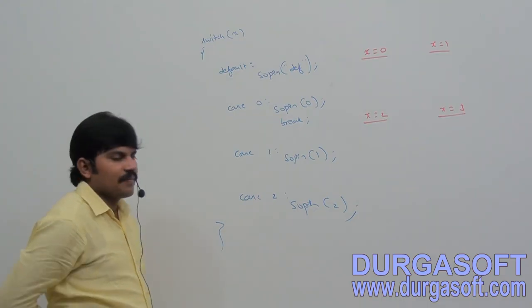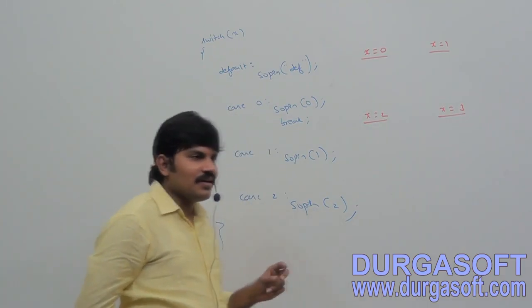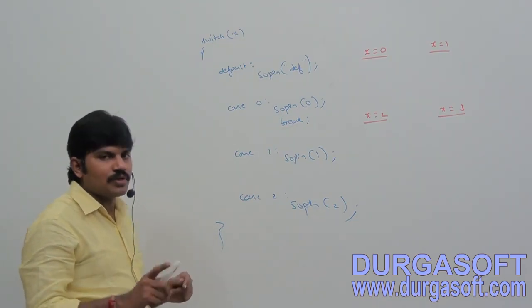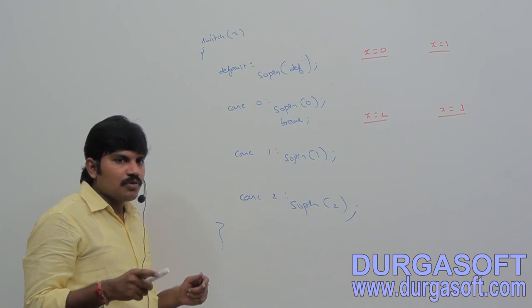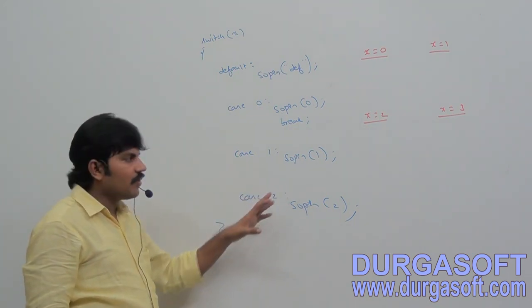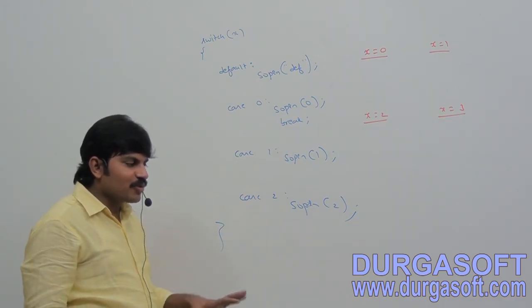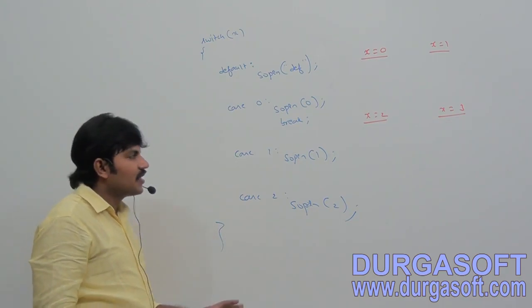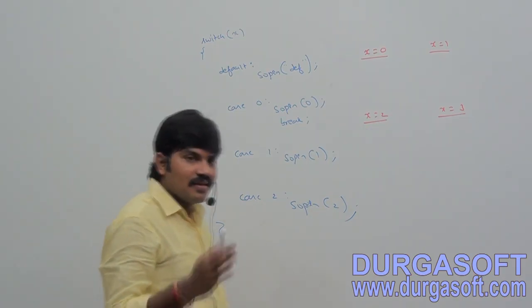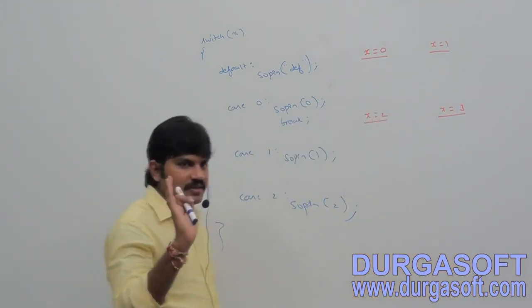X is equal to 1: 1, 2, or 1, 2, default? 1, 2. X is equal to 2: 2 or 2, default? 2. X is equal to 3: default or default 0?